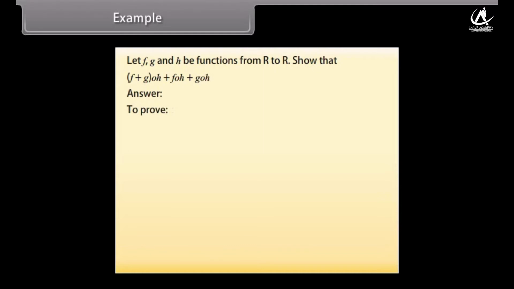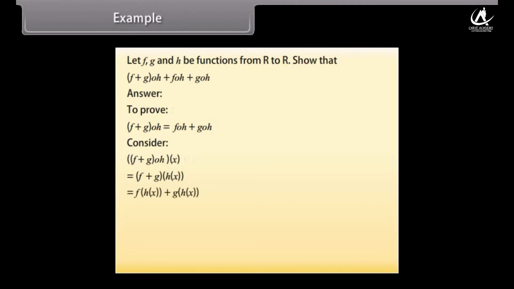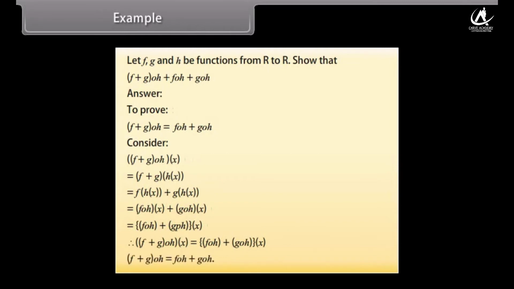To prove f plus g of h is equal to f of h plus g of h, consider f plus g of h of x, which is equal to f plus g of h of x. On solving, we get f plus g of h is equal to f of h plus g of h. Hence proved.